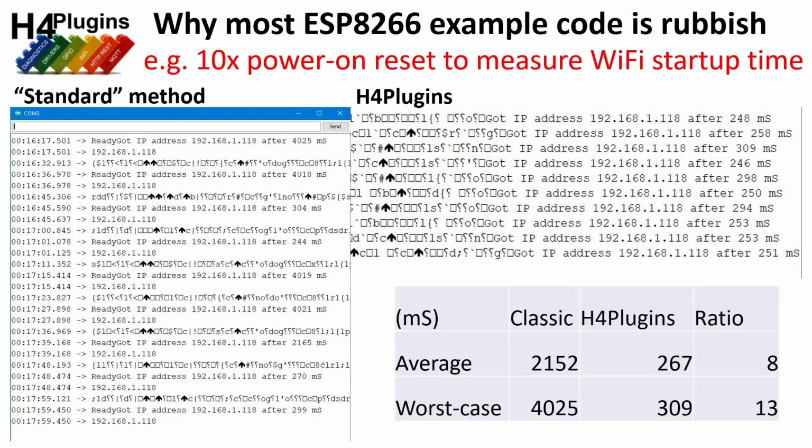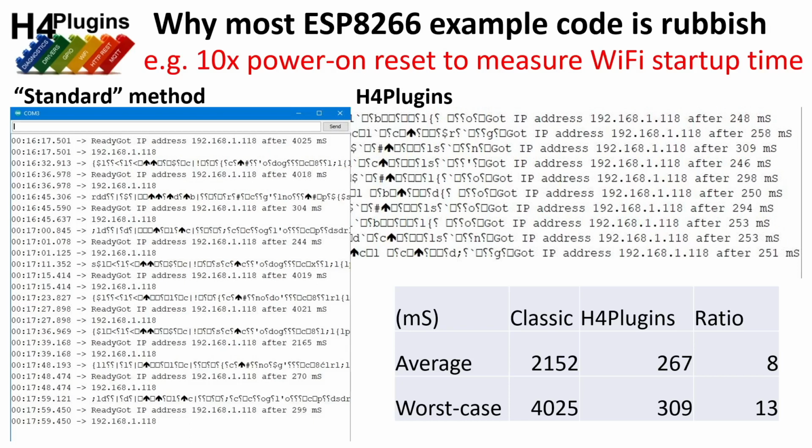Now the summary of those is this: that the average startup time for the classic method is 2.1 seconds, whereas the average startup time for H4 plugins is 0.2 of a second, 0.3 nearly. Either way, it's 8 times faster doing it the way that I've described rather than the classic way that everybody uses, so it must be okay.